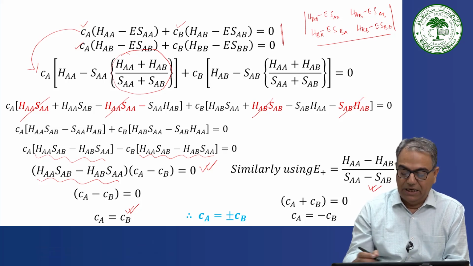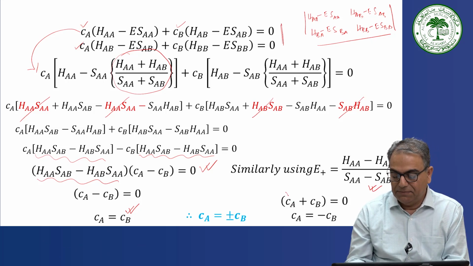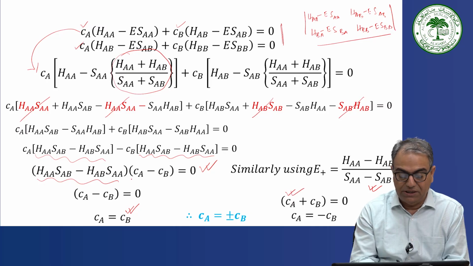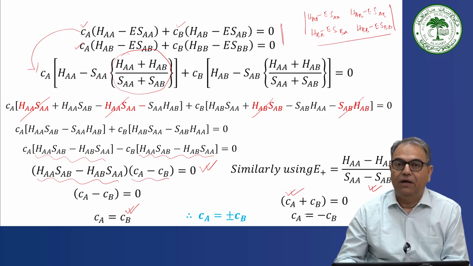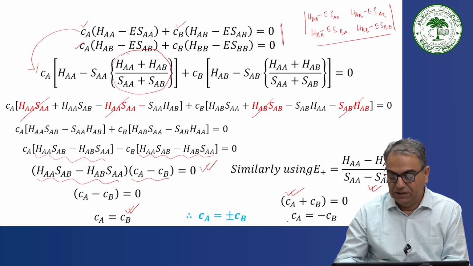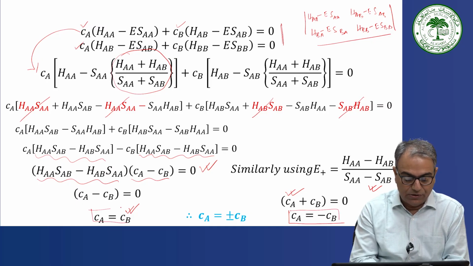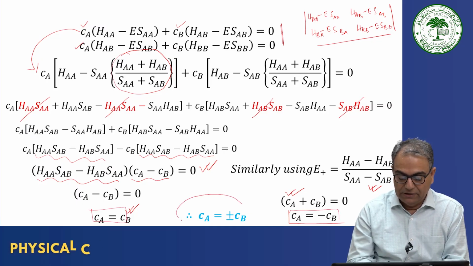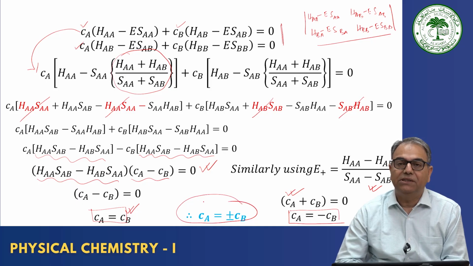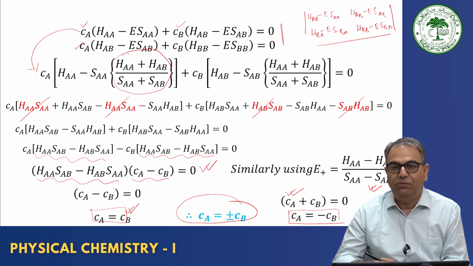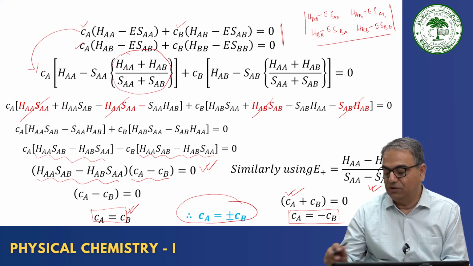Just practice it, and if you do it, you will get Ca plus Cb is equal to 0 instead of Ca minus Cb is equal to 0. And if Ca plus Cb is equal to 0 means Ca is equal to minus Cb. So if you look at these two equations, Ca is equal to minus Cb and Ca is equal to Cb, then what you can write is Ca is equal to plus minus Cb. Okay. So if you take Ca 1, then Cb could be plus 1 also and minus 1 also.